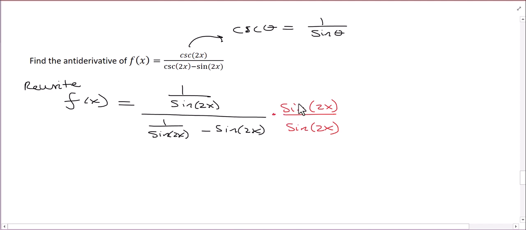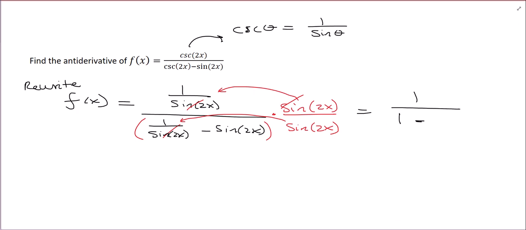So here, when you multiply this times that, they cancel. So we will just get 1 in the numerator, and then in the denominator distribute. So sine of 2x times 1 over sine of 2x is going to cancel. So we'd be left with 1 in the denominator, minus sine 2x times sine 2x, which gives us sine squared of 2x.